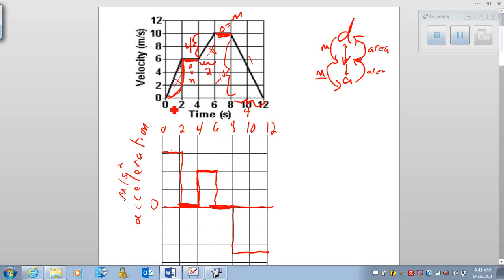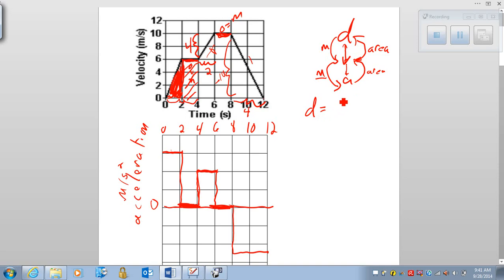So I need the area on the velocity time graph of this space right here, and I will have to divide it up into this triangle here, and then this rectangle here. So if I get the area of those two places, it will give me the displacement between 0 and 4 seconds.